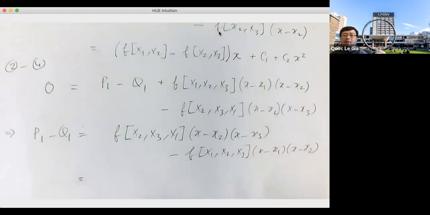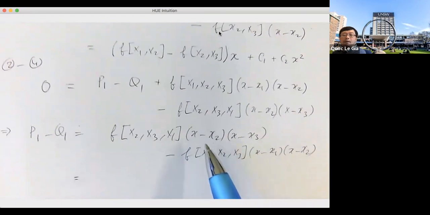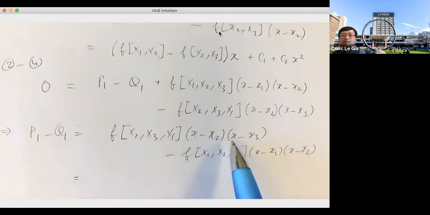So now if you focus only on the coefficient for x only. Okay, I know that there is some x squared and some constant, but if you focus only on the x, what do you see? So here you will see minus x2 x, yeah.